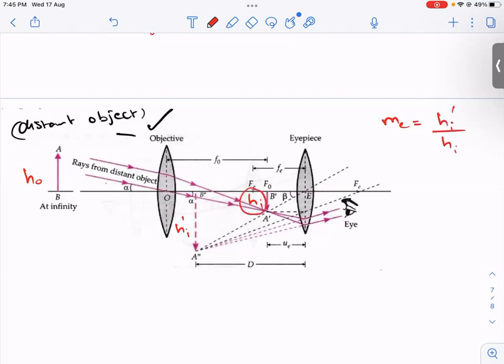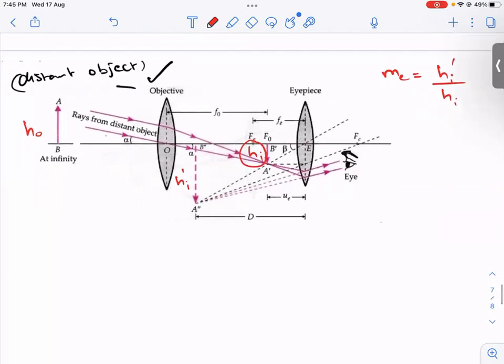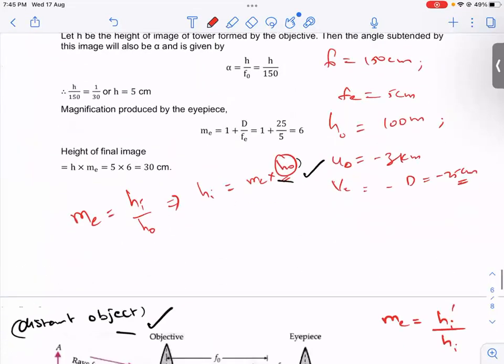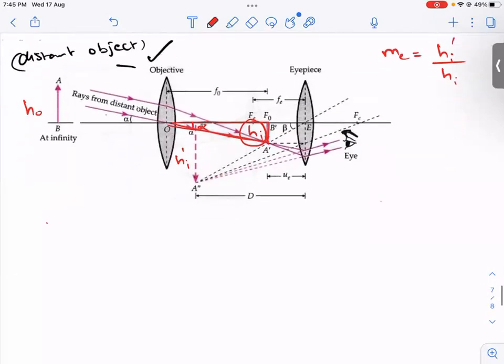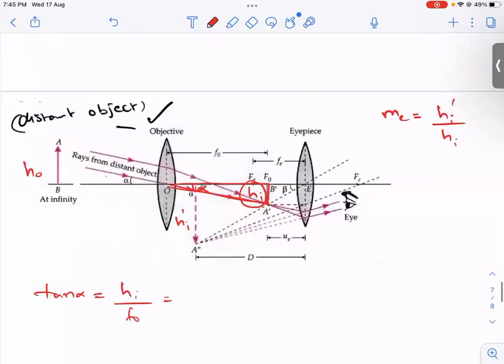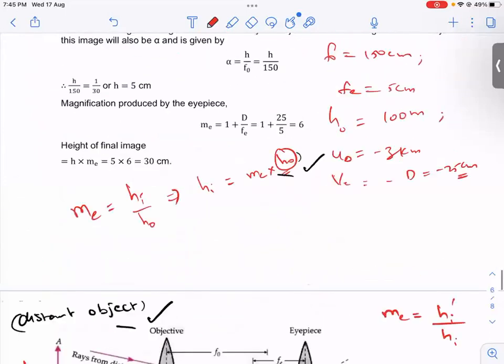So to calculate h_i, what we can do is take this right angle triangle. Then tan alpha will be equal to h_i divided by f naught.